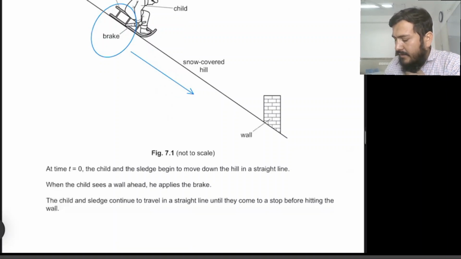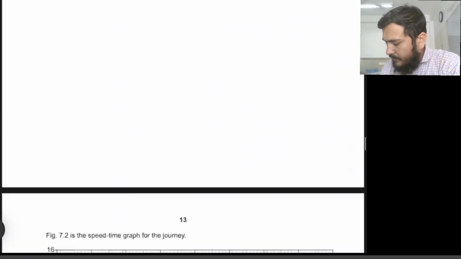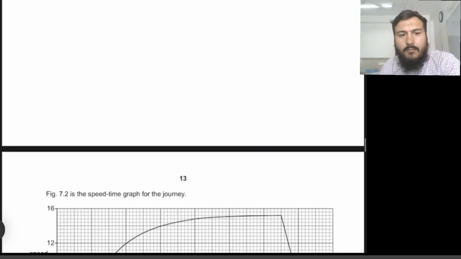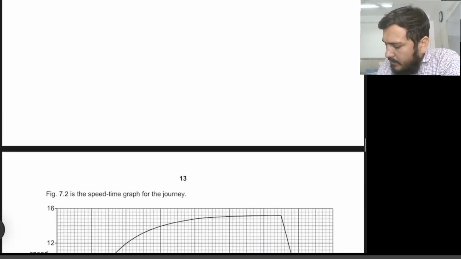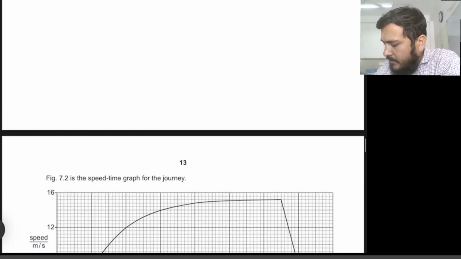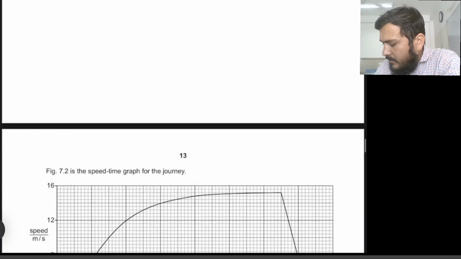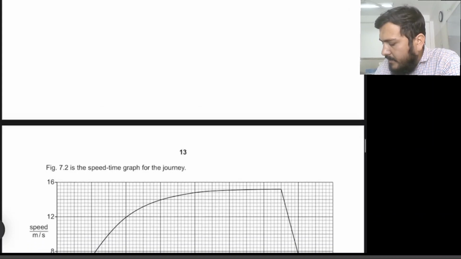So write it in this manner. Speed of the child increases due to gravitational pull or due to gravitational acceleration.